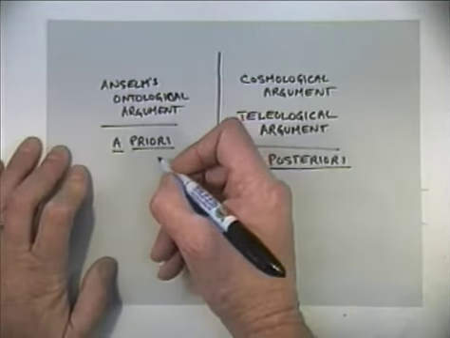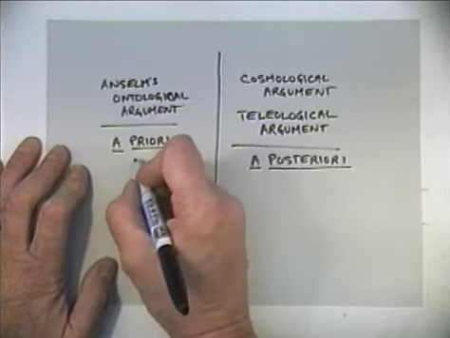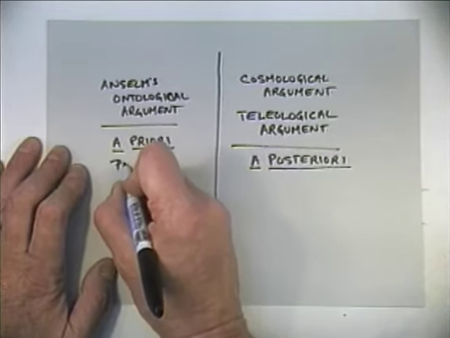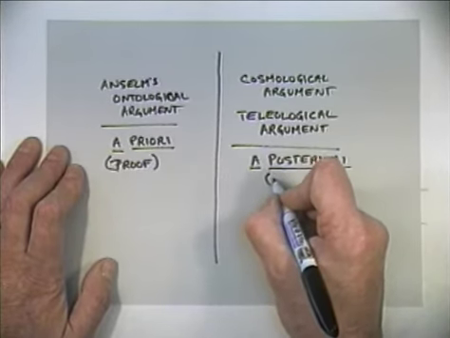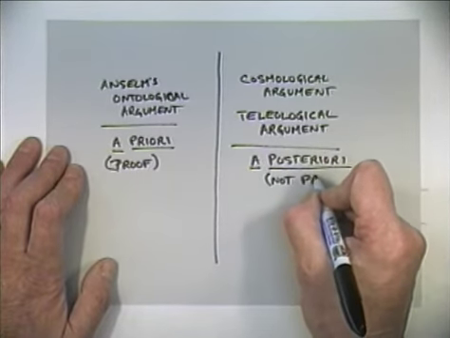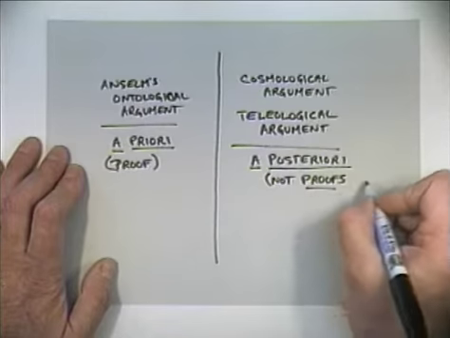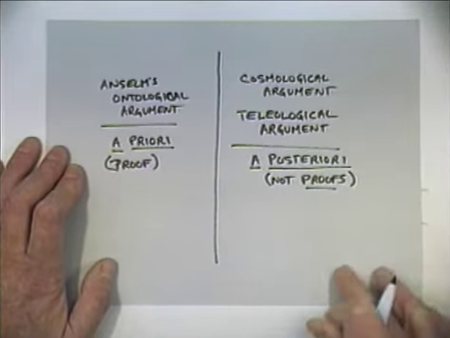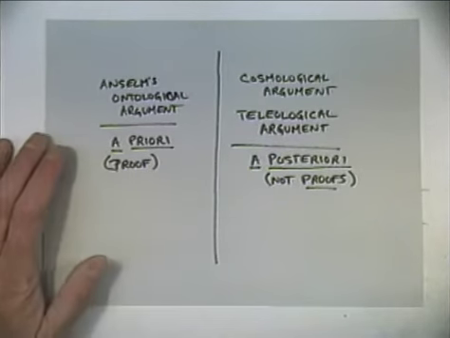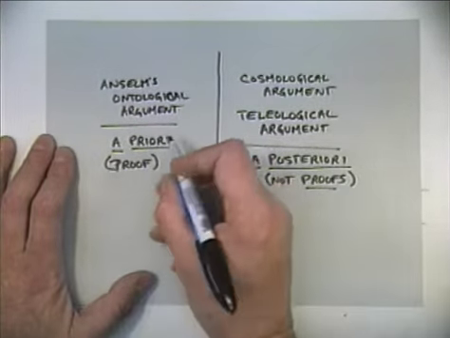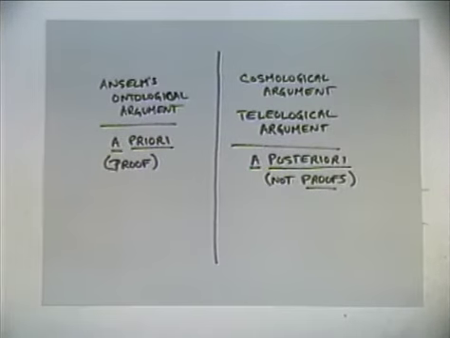What's that mean? Well, you remember that this is supposed to be a proof. These are not proofs in the strong, technical sense of proofs. These are arguments. The word a priori sometimes is used to modify arguments. So you talk about a priori arguments. You can also talk about a priori knowledge.